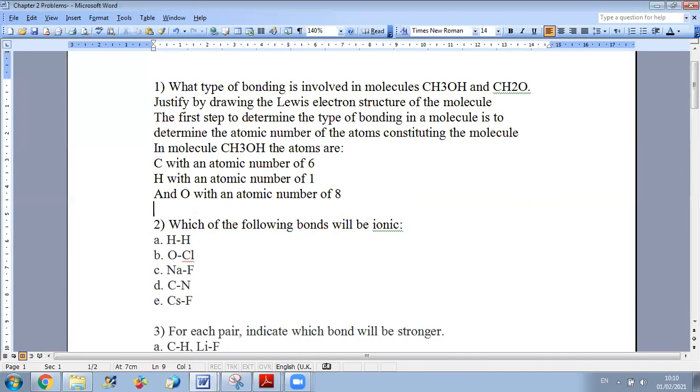the next step is to draw the Lewis electron structure for each atom. Okay. So the next step is to draw the Lewis electron structure for each element.